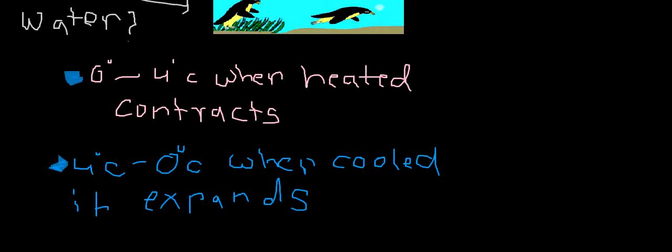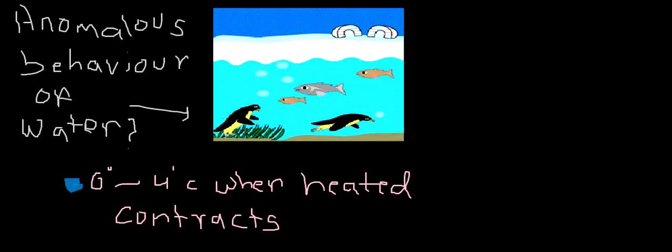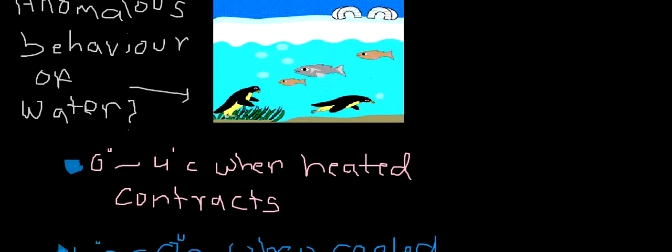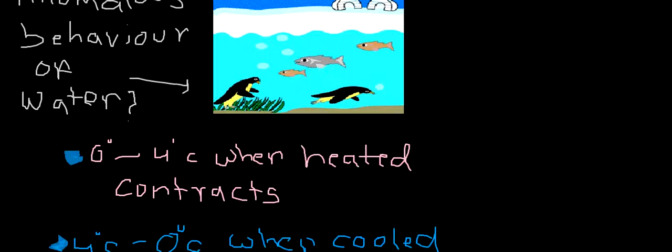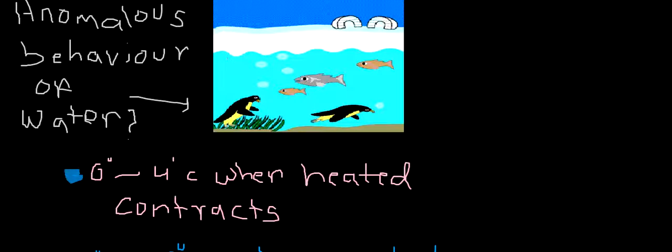Hence, the water present on the top layer, which gets cooled, its volume increases and its density decreases. Its density becomes less than 1, and the substances having density less than 1, like wood and some kinds of plastic, can float easily on water.